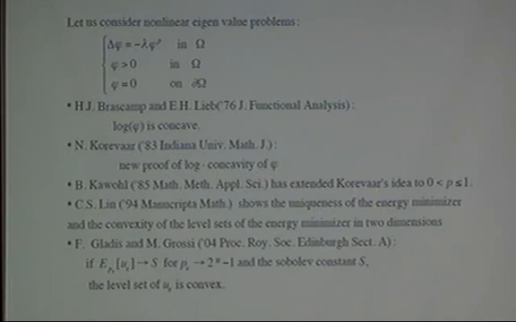I hope my geometric solution will give you some insight or barriers for such problems. Okay, and then there is another result by Gladiali and Grossi, and they looked at the corresponding energy. Let's say that energy is converging to the Sobolev constant, and this exponent is converging to the critical point. Then if this point value is pretty close there, then the level set is convex.